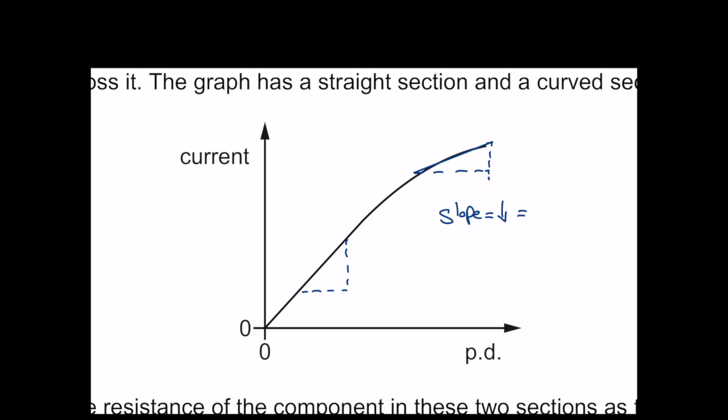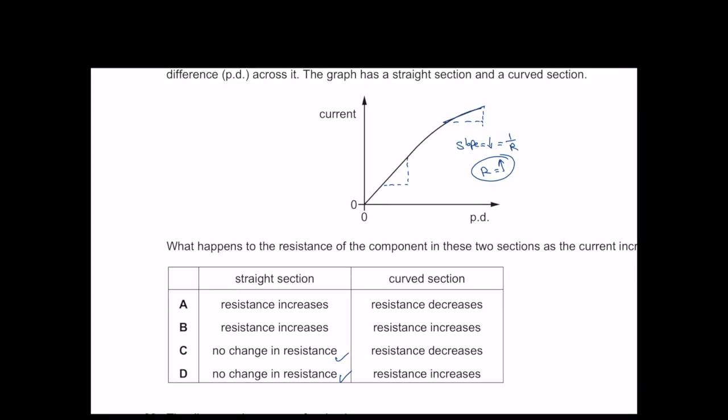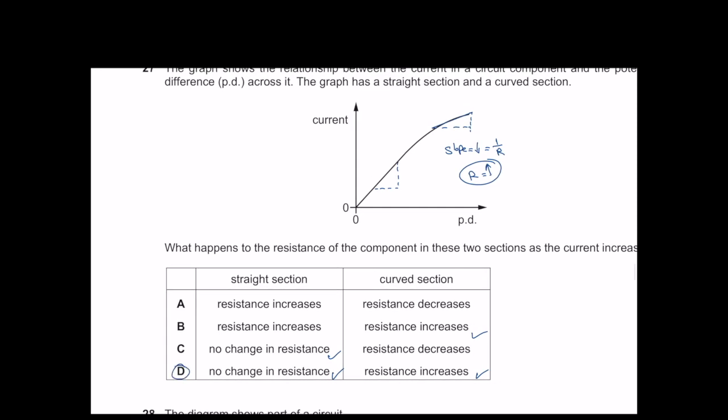It means it's not R, it's 1 over R. If 1 over R decreases, it means R itself is increasing. So the resistance in the curved part is increasing. So I'm going to choose the resistance increasing in both sections. Depending on that, the correct answer is supposed to be D for 27.